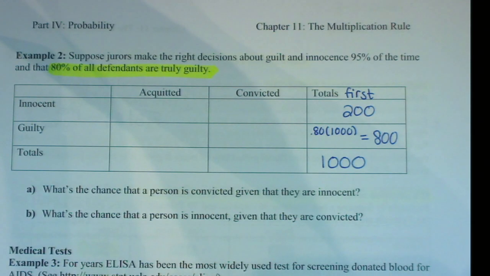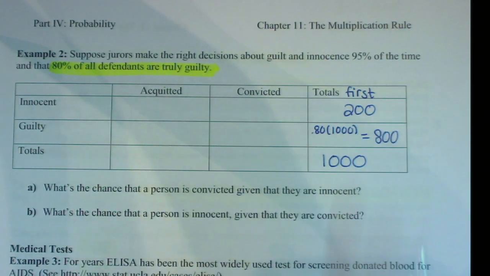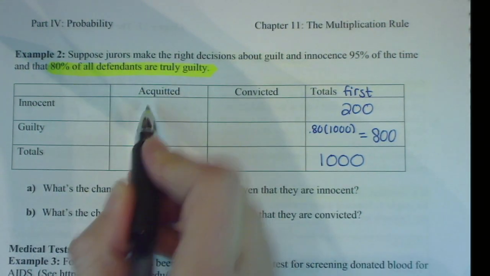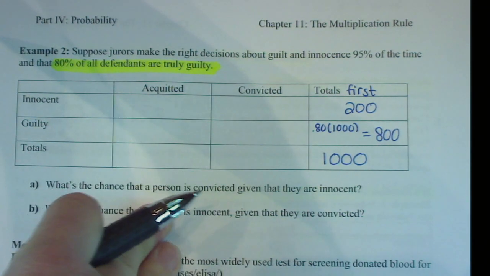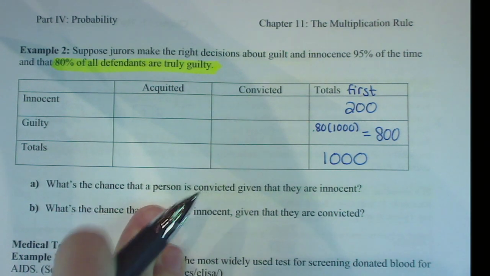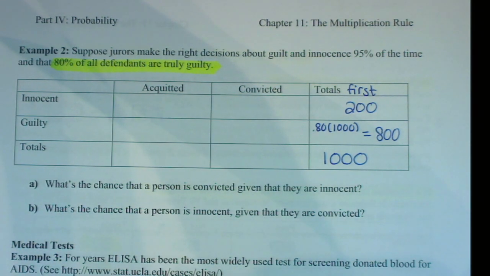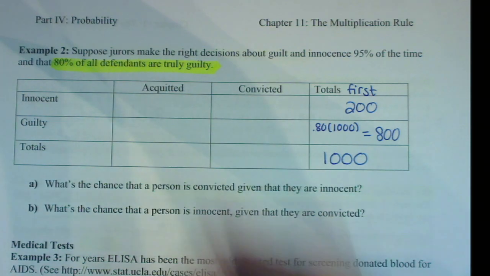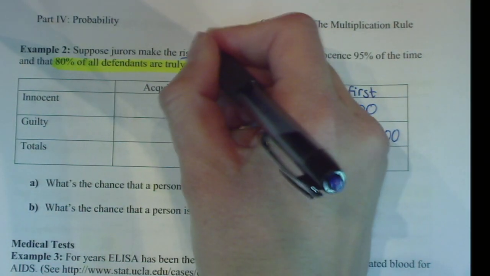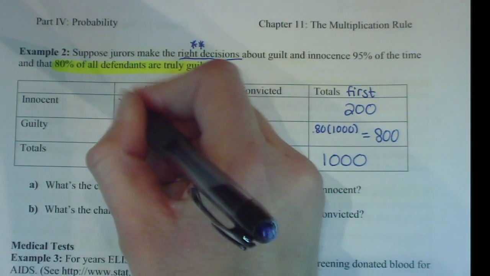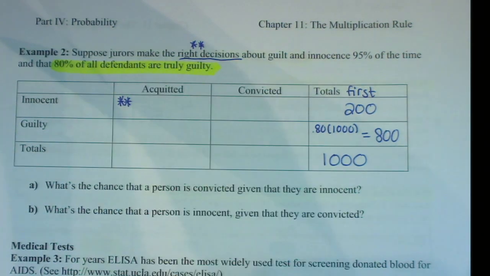So the only other piece of information I'm given is that suppose jurors make the right decisions 95% of the time. So for the 200 innocent people, is the right decision for the innocent, should they be acquitted or convicted? Acquitted, yeah, most people said acquitted. The right decisions, I'll put a double star. The right decision for innocent people, they should be set free, right? They should be acquitted.